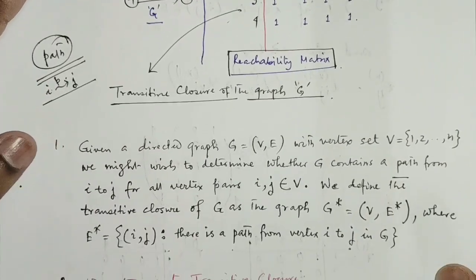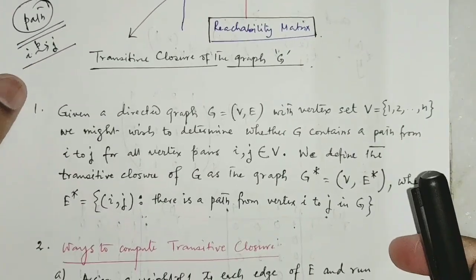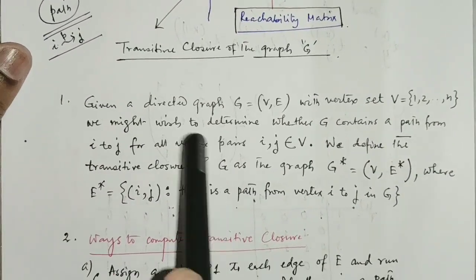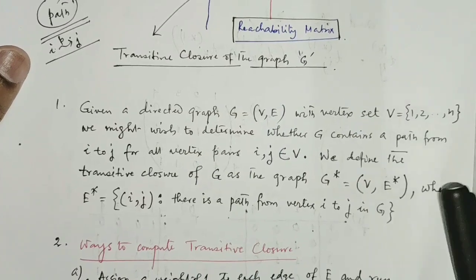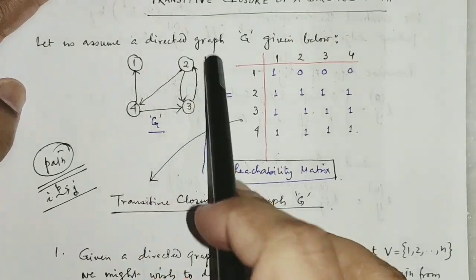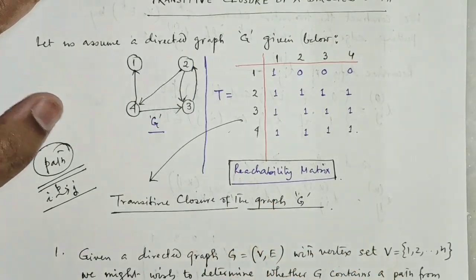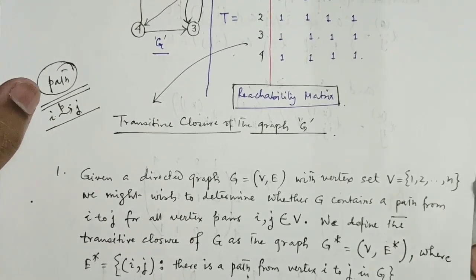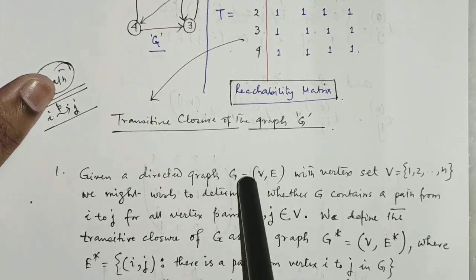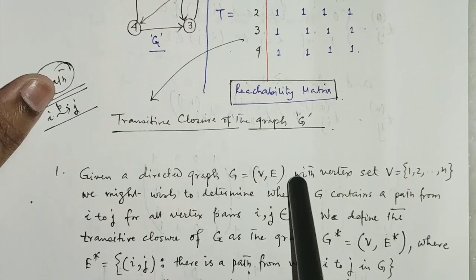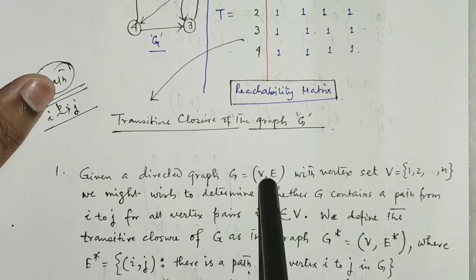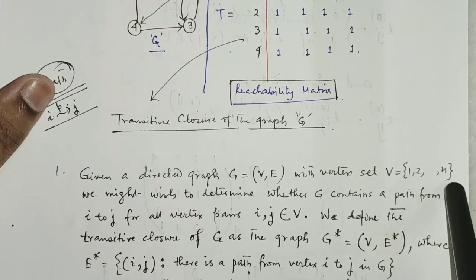Now if you consider the definition of the transitive closure, you have been given a directed graph G, which is already given here. The directed graph G consists of a set of vertices and edges, with the vertex set V expressed as 1, 2, 3 up to n.